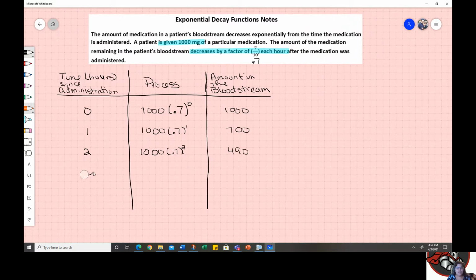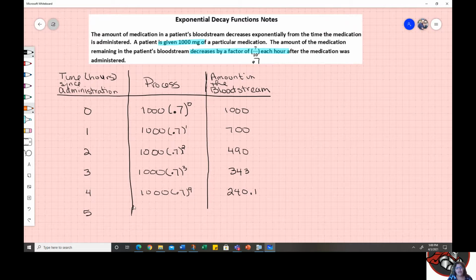So 3 hours after administration, we can do 1,000 times 0.7 to the third power. At this point, there's 343 milligrams of medication left in the system. After 4 hours, 1,000 times 0.7 to the fourth power, and we have 240.1 milligrams left in the system.